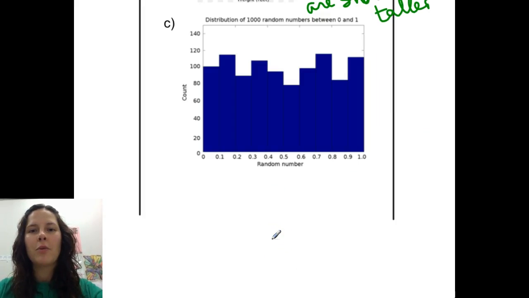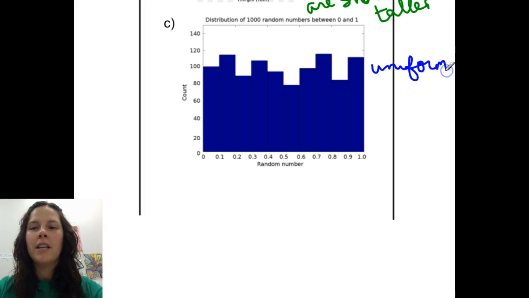Our final histogram, we're looking at kind of a random number generator and how often each number came up. Notice all of the bars are about the same height, so this is an example of a uniform histogram. Now notice they're not exactly the same height, but across the board they're generally in the same range.